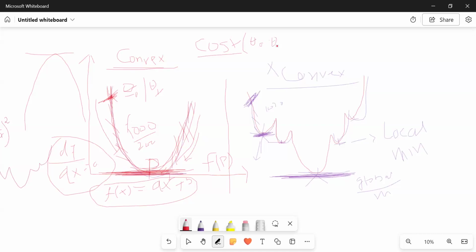Suppose your line is mx plus c, this is your hypothesis for linear regression. It depends upon two variables, m and c. I need to find what m and c give minimum error, so it depends upon theta 0 and theta 1.